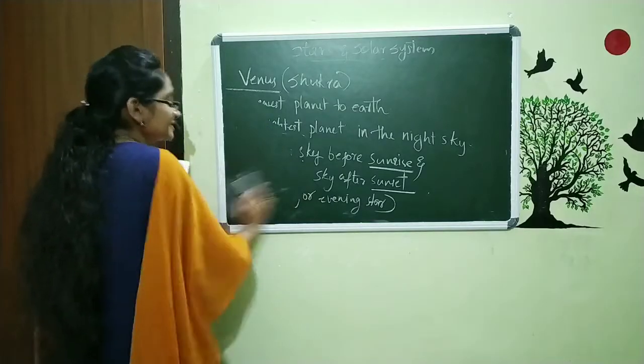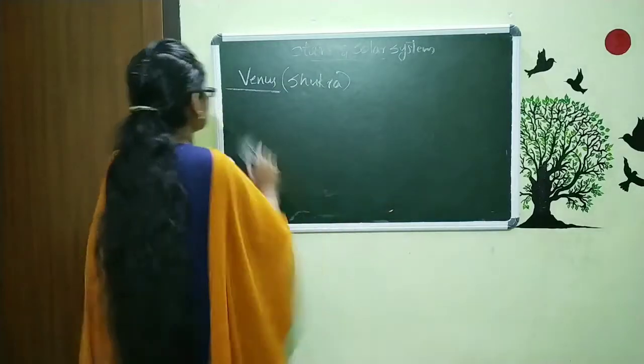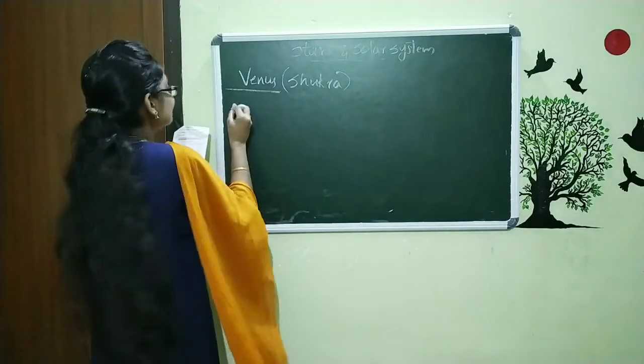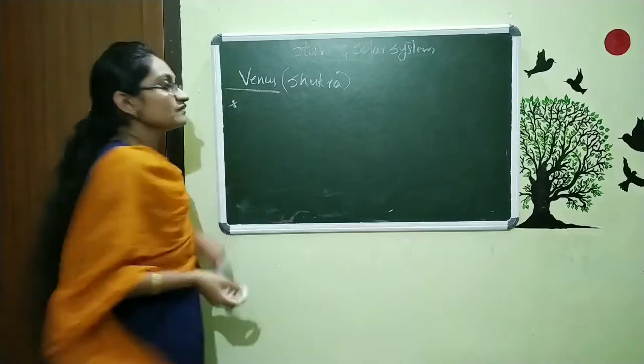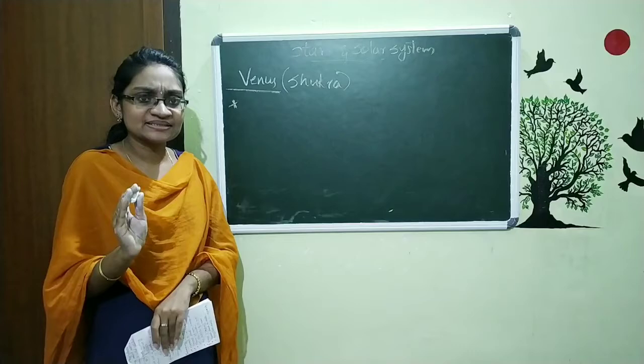The next point is about the satellite. For this Venus, it is having no moon. We can also say this satellite as moon. Another name of the satellite is moon.